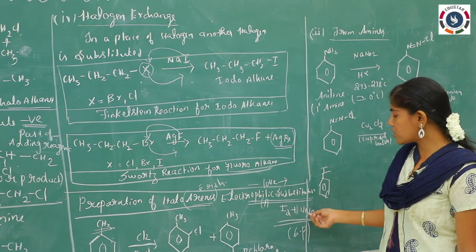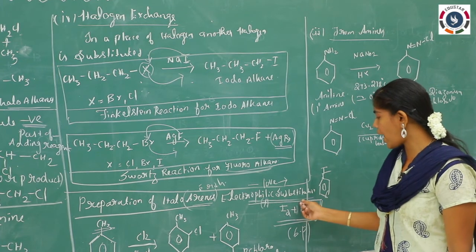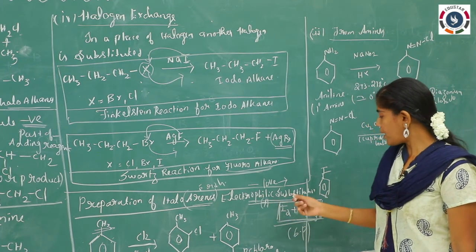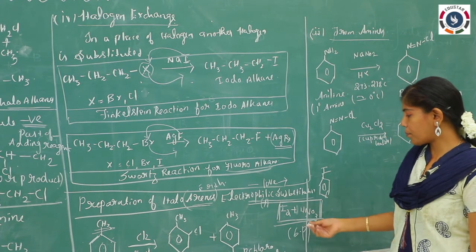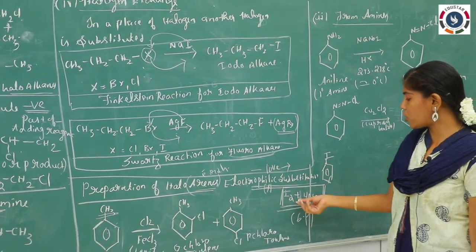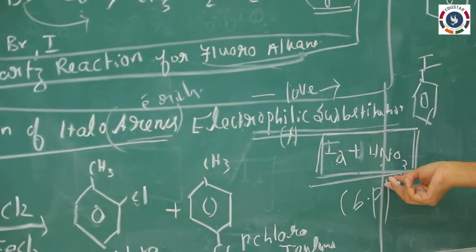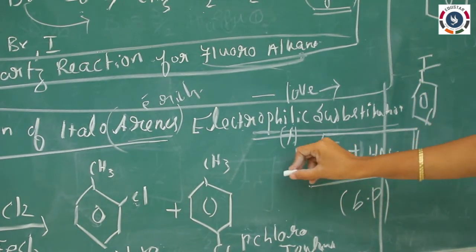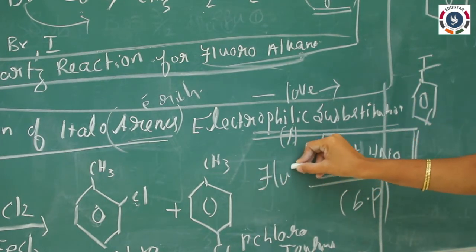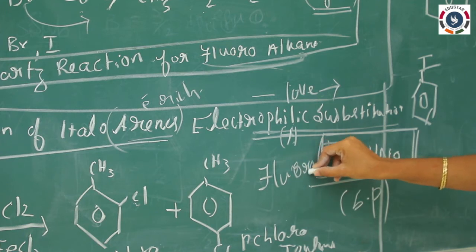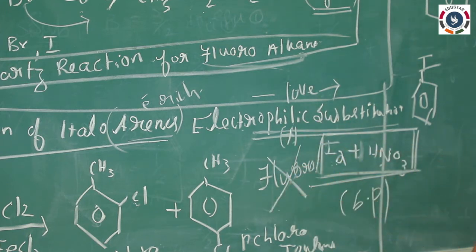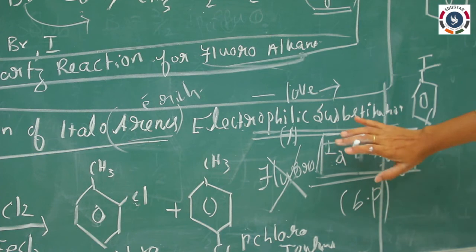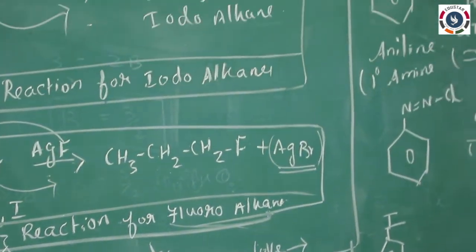This is the reagent used for having iodoarene groups. The next thing, we can't prepare any fluoroarene by this method. Remember, if it is not suitable for preparing any fluoroarenes, shall we move to the next one, that is from amines.